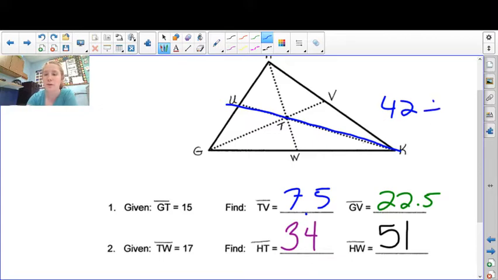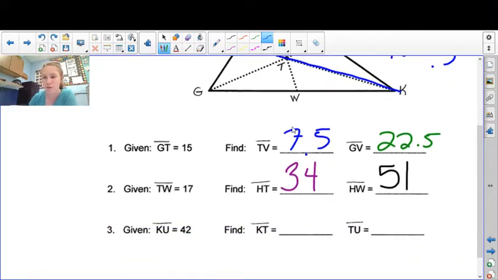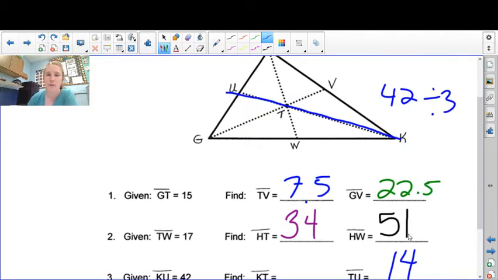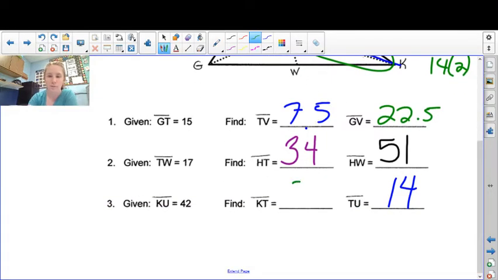So I'm going to divide by 3, and I get 14. So the smaller section of UT will be 14. And then if I take 14 times 2, that'll give me the bigger section, which is 28. And then you should check, does 14 plus 28 equal 42? And it does.